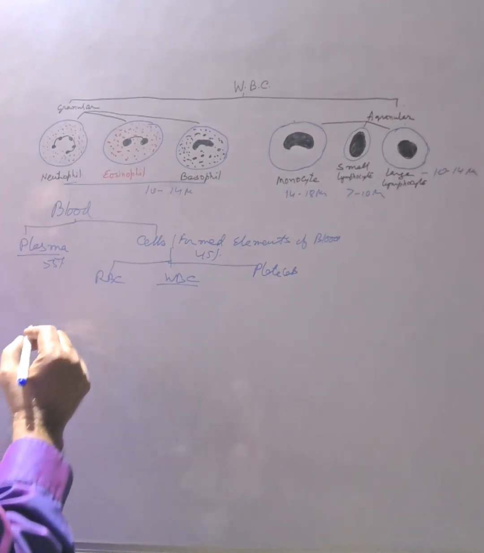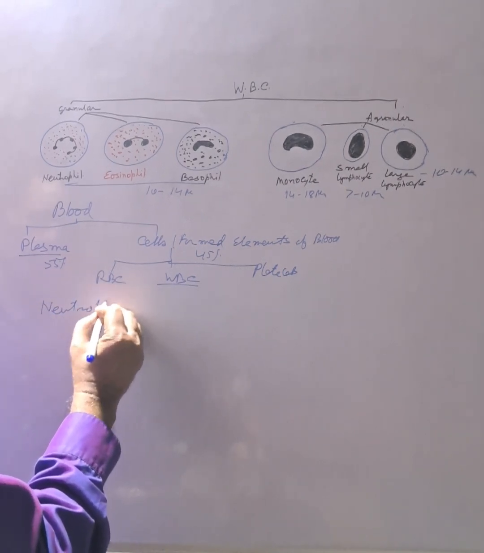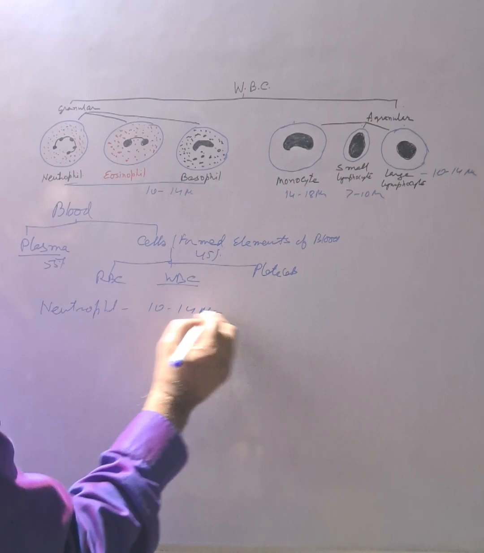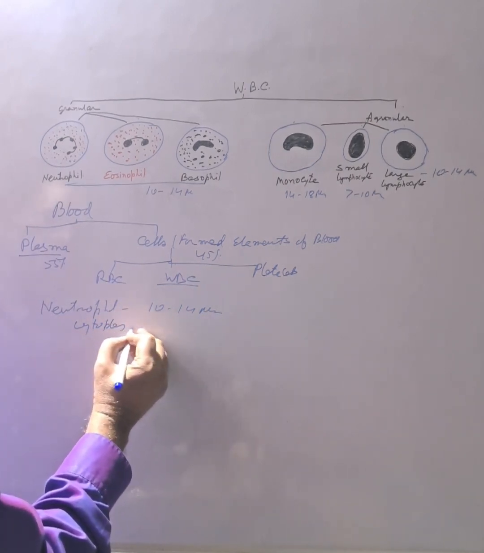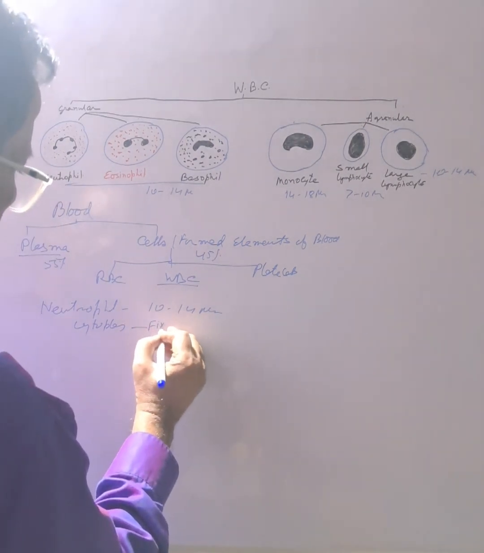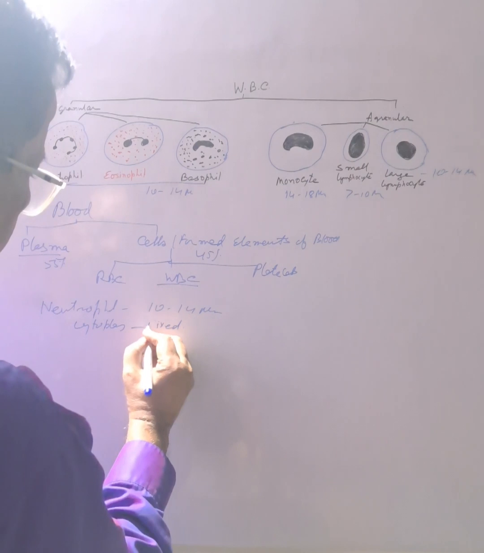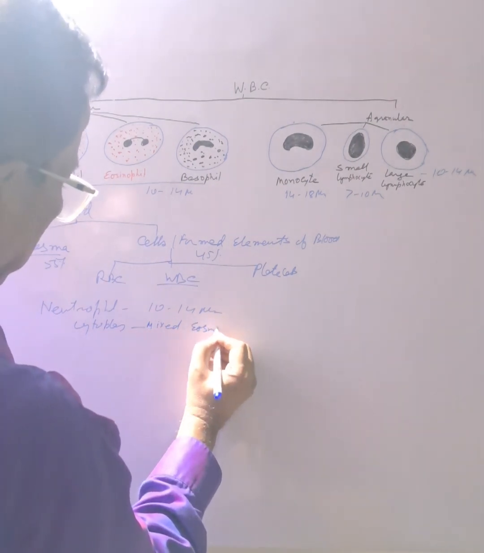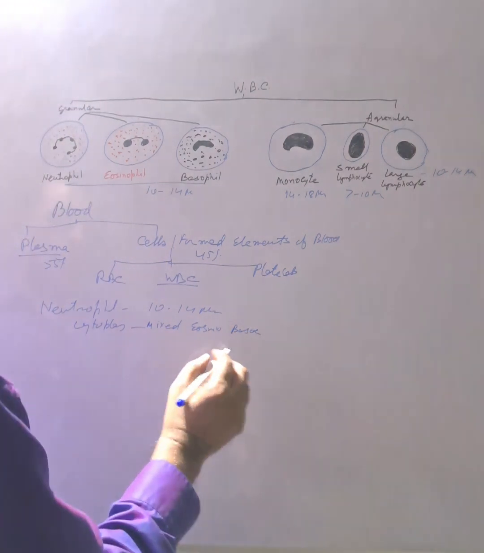Characteristics of neutrophil: number 1, size is 10 to 14 micron. Number 2, the cytoplasm has fine, mixed type of granules, that is, eosinophilic as well as basophilic granules are present.